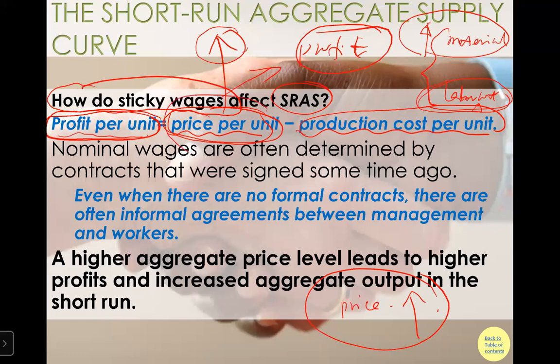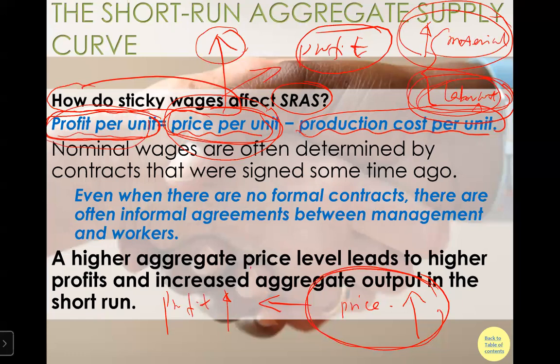The price of the burger you sold will increase, the material you purchase will increase, but you save some money by paying a fixed wage, or sticky wage. So that means the price increase actually becomes good news for you, because now per burger you sold, you're going to make more profit. And most of the profit comes from a sticky wage, right?